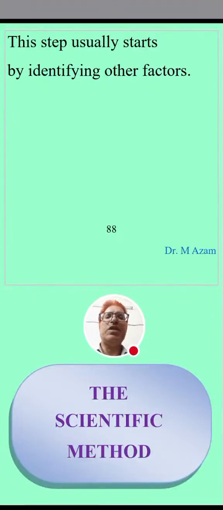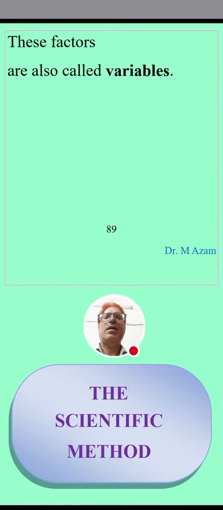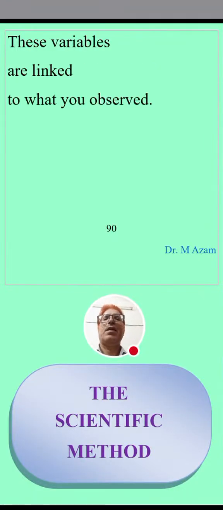This step usually starts by identifying other factors. These factors are also called variables. Different factors in research are called variables because they vary, they change with time. These variables are linked to what you observed.